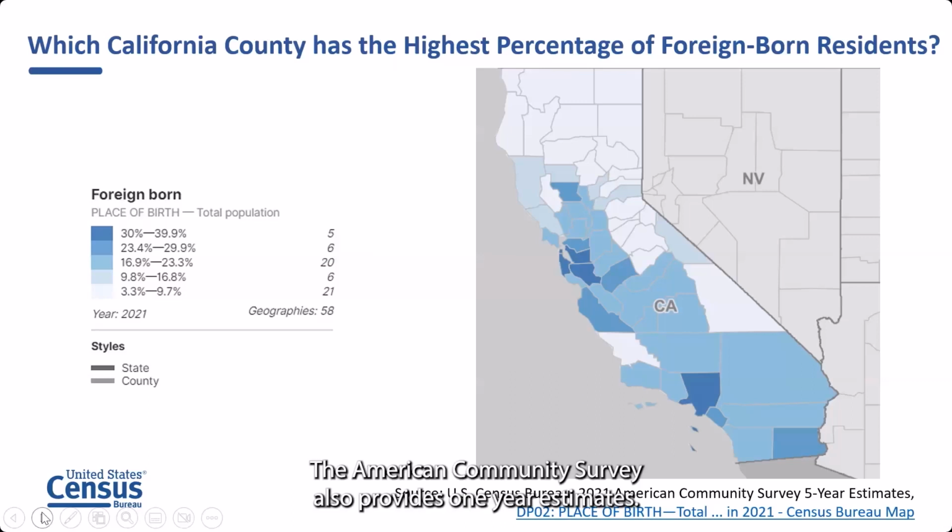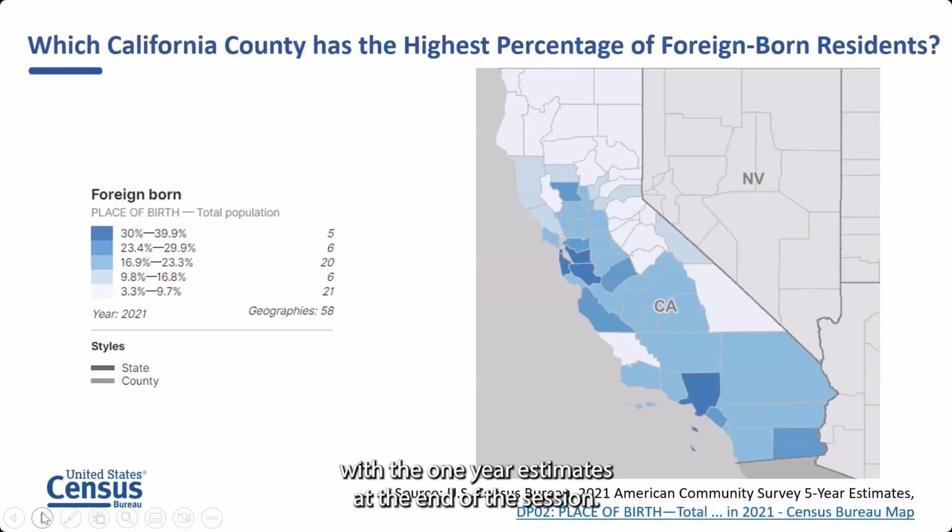The American Community Survey also provides 1-year estimates, and these are best suited when you're looking at national level data or state level data because there's a population threshold of 65,000 with the 1-year estimates.